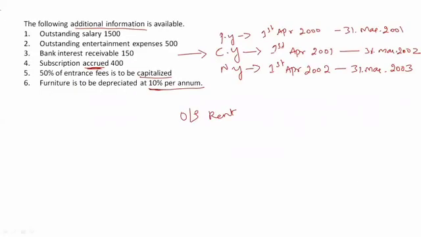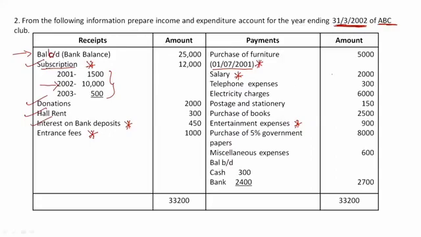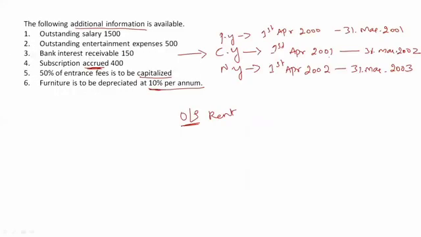So first adjustment, we have outstanding salary rupees 1500. Now as I told you, outstanding means I had to pay a certain expense, but still I have not paid it. Basically I have paid 2000. Along with that, 1500 rupees is outstanding. It means I had to pay 1500 rupees, but I have not paid it, so that should also be counted.